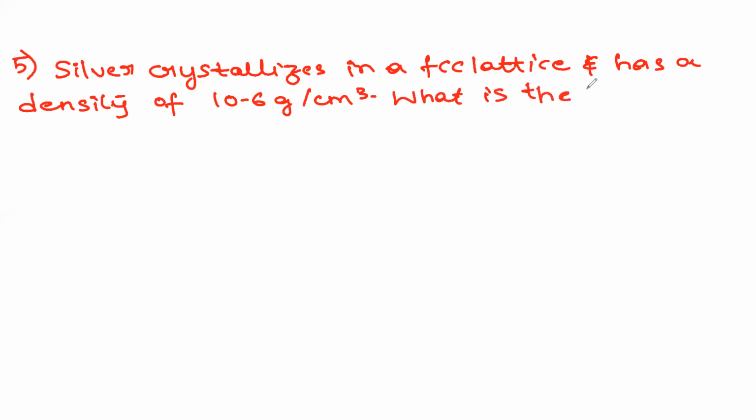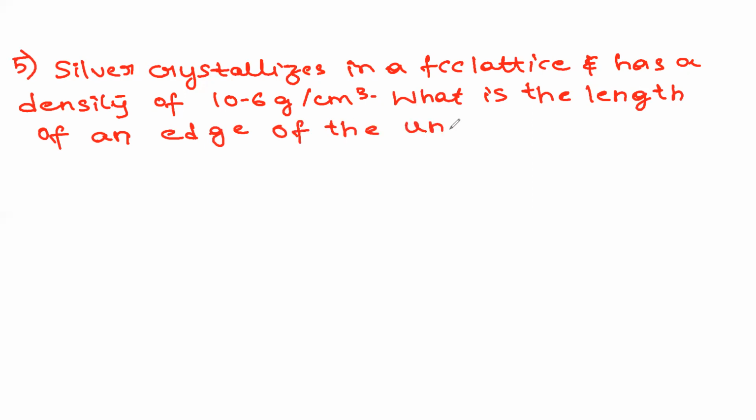What is the length of an edge of the unit cell? Or simply you can say edge length. So here they have given density and the hint FCC lattice. Usually you may not get density of crystal problems because of huge calculation, but for simple calculations they'll give definitely.